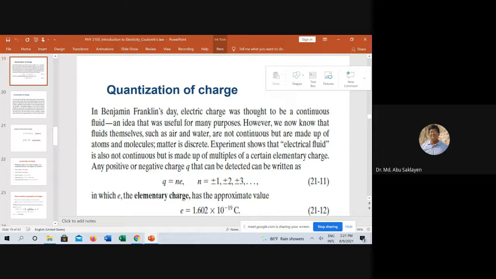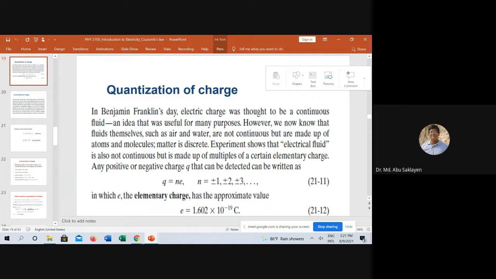So n may be 1, 2, 3. It may be minus or plus. If the charged object is positively charged, n will be 1, 2, 3, 4. If the charged object is negatively charged, it would be minus 1, 2, 3, 4, like this.